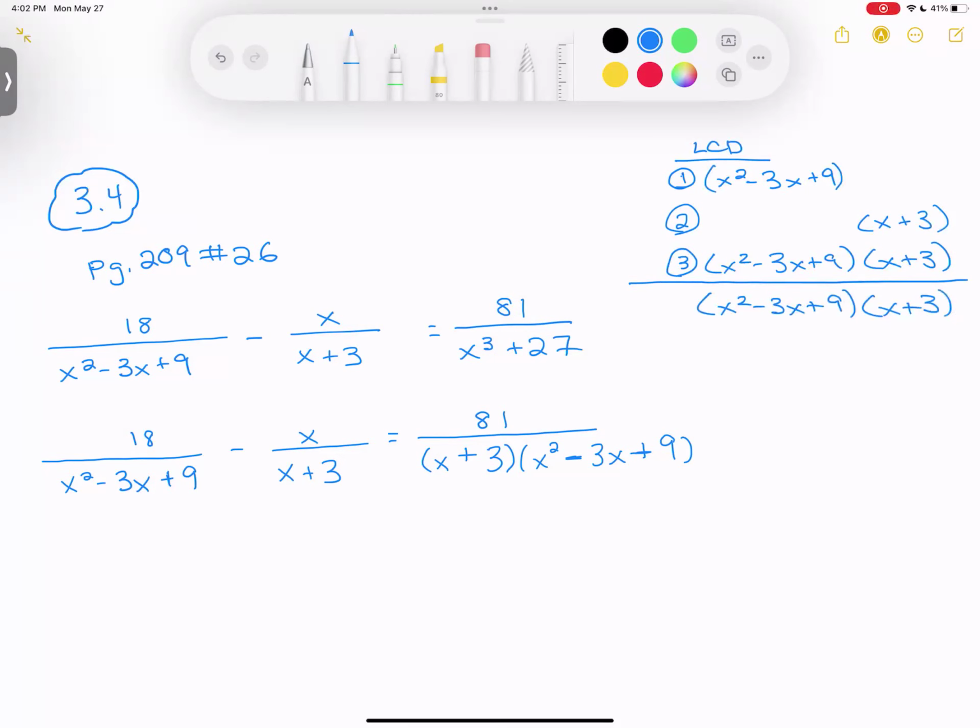Okay, so I'm going to use the destroy method. You could just as well use the creation method here, but I'm going to destroy all my fractions by multiplying them by this LCD down here. That's a lot of writing, but it's worth it because we'll end up getting to cross a bunch of stuff off. So maybe I'll multiply them in green. So we've got our LCD here, multiplied by our first term.